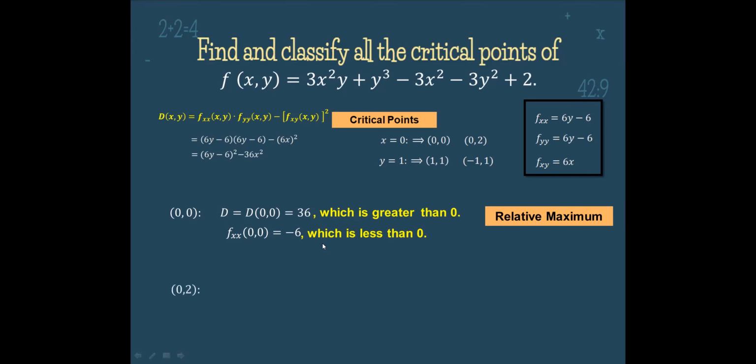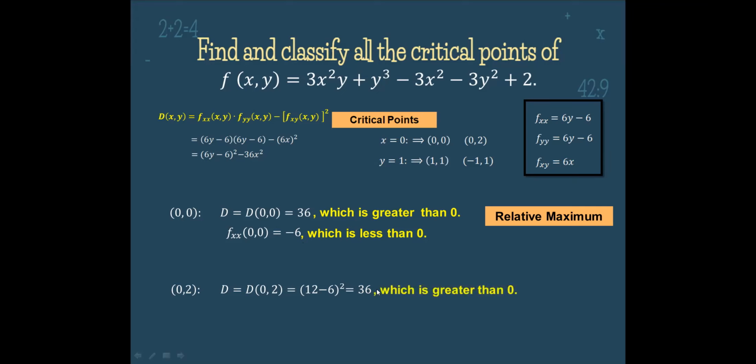And then we will proceed to the second critical point, which is (0, 2). So we will do the same thing. We use the formula for D and replace the values: 0 for x and 2 for y. If our y is 2, then this becomes 12, and 12 minus 6 is 6. 6 squared is 36, minus, since our x is 0, that means 0. So 36 again, the same as our first critical point.